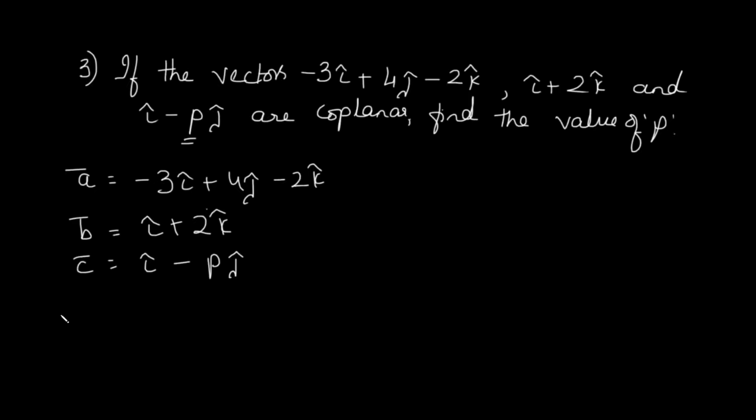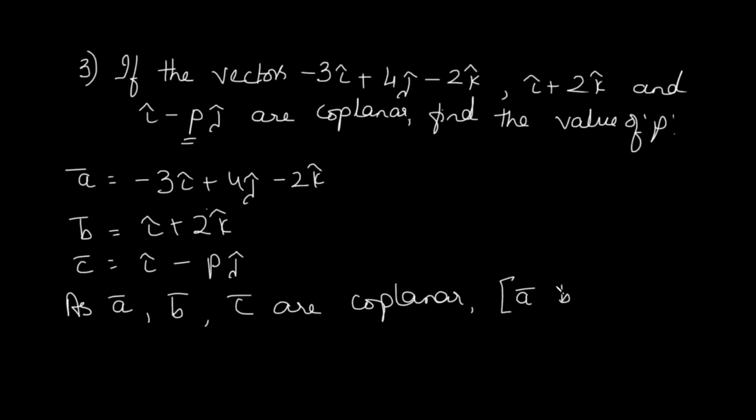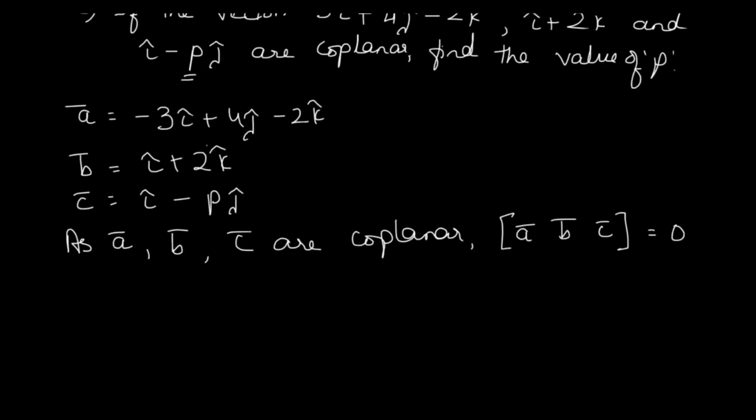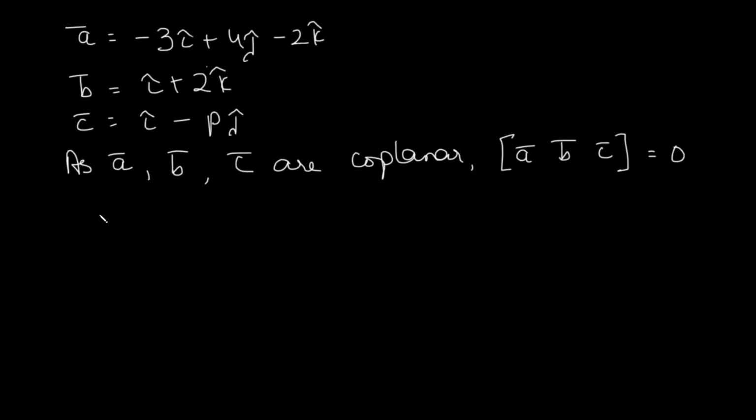Since A, B and C are coplanar, their box product is 0. So this is the property that we use to find p over here. So we have box ABC, that is this determinant, as 0. The box product is 0.